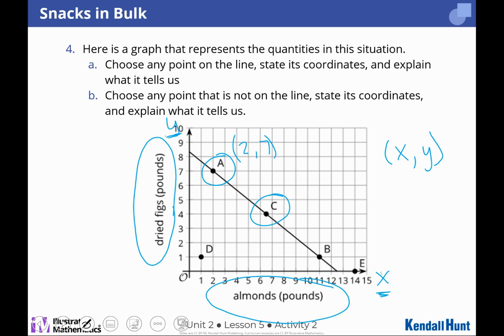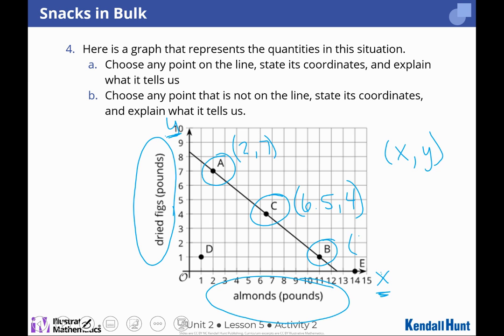Point C is at, it looks like, 6.5, comma 4. So 6.5, comma 4, that's the coordinate. And what it means is 6.5 pounds of almonds and 4 pounds of figs. Point B right here is at 11, 1.